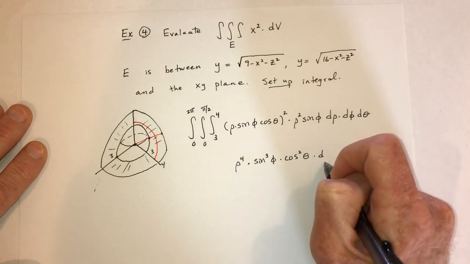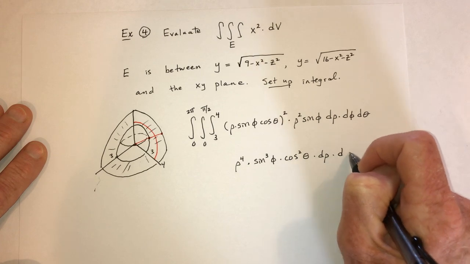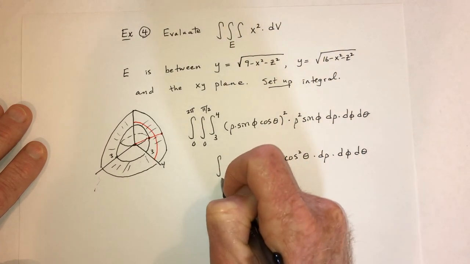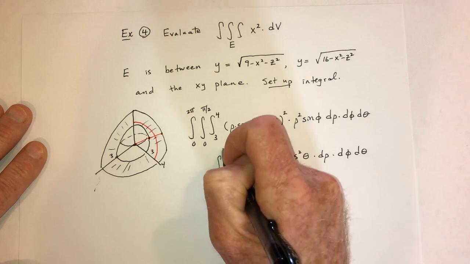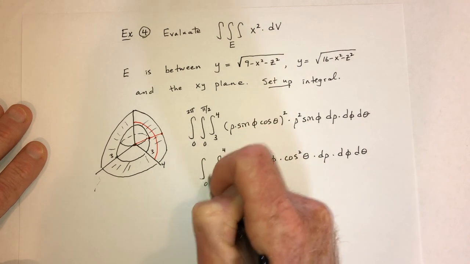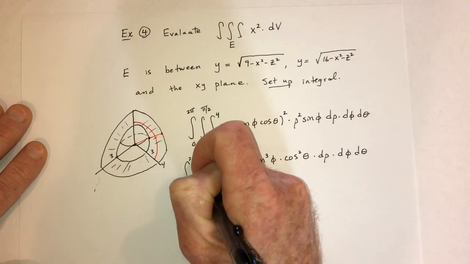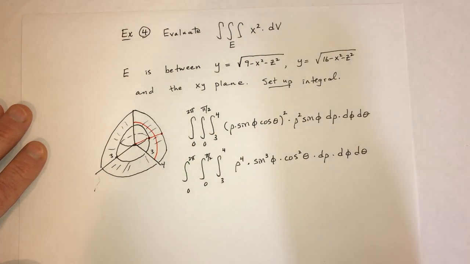Then there would just be d rho, d phi, d theta, and then the triple integral. And it was just set it up, so that one's finished.